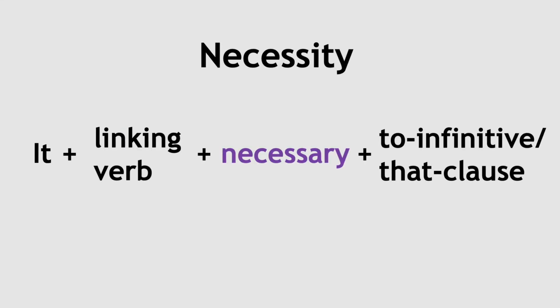So again, we can use the same sentence structure to express the modality for showing necessity. We replace the adjectives with necessary, and then we have the same sentence structure, it with a linking verb and then necessary, followed by to-infinitives or that clauses.